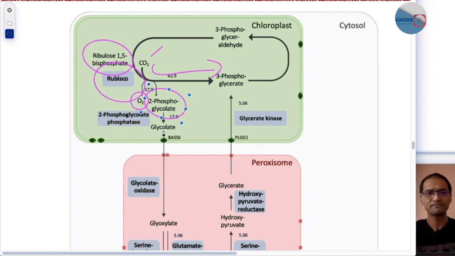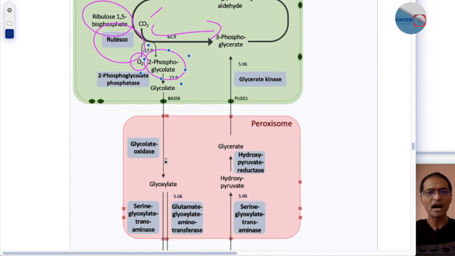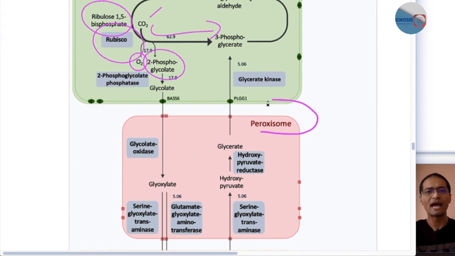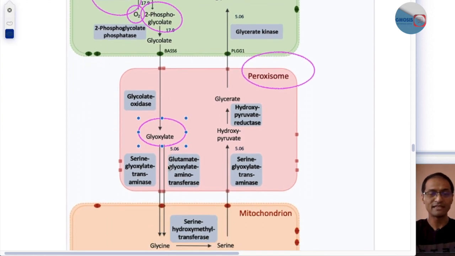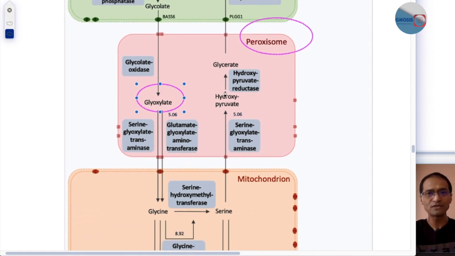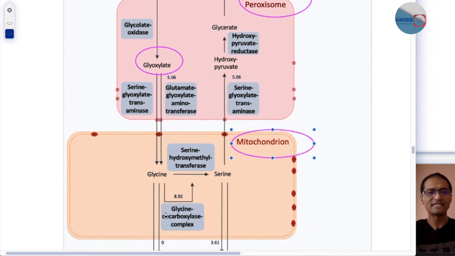the plant. So what it does is it shuttles the glycolate out of the chloroplast into another organelle, what we call the peroxisome. Now in the peroxisome, glycolate is then converted to glyoxylate, and this glyoxylate is then further shuttled outside of the peroxisomes into the mitochondria, and in the mitochondria, glyoxylate is then converted to glycine.